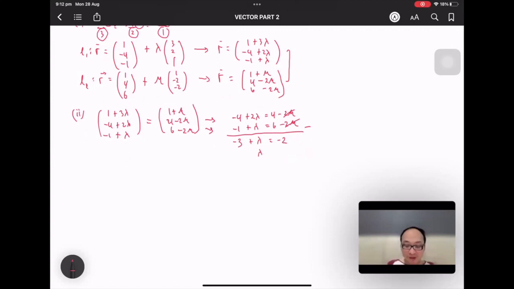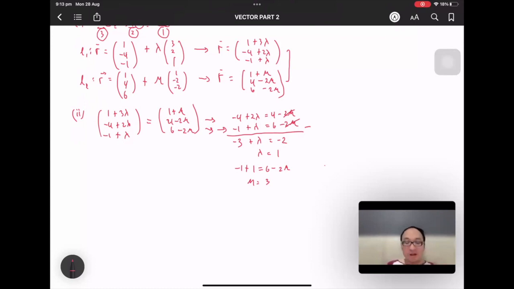So from here, lambda equals 1. For mu, I will use this one: negative 1 plus lambda, lambda is 1, equals 6 minus 2 mu. So mu equals 3.